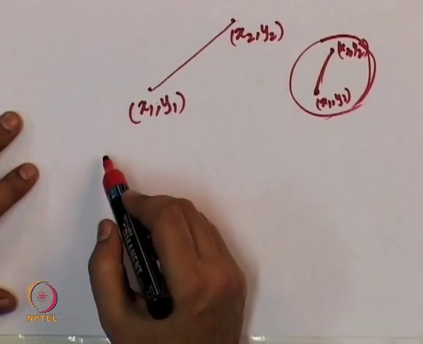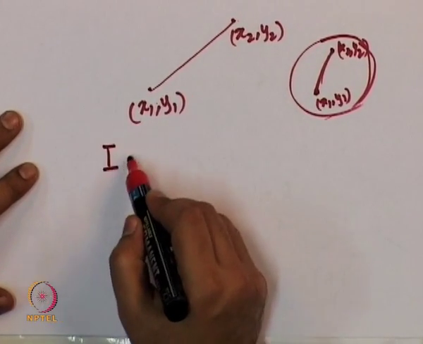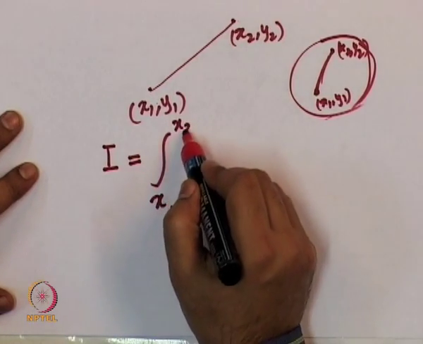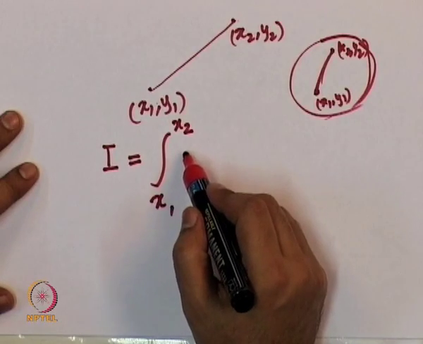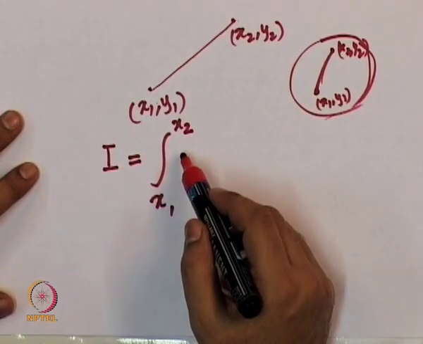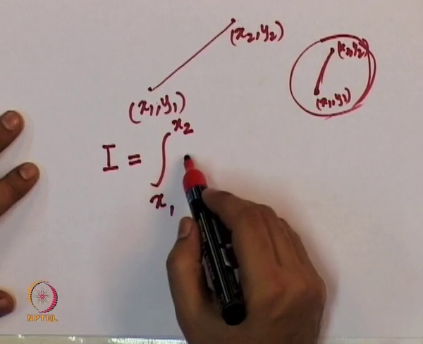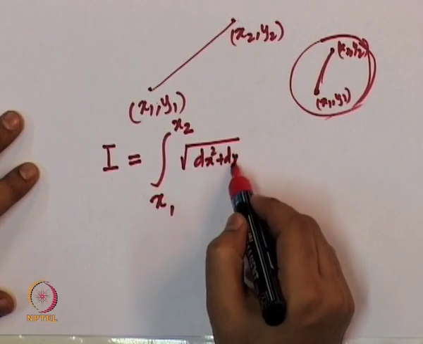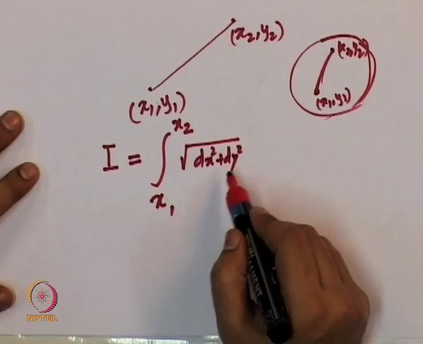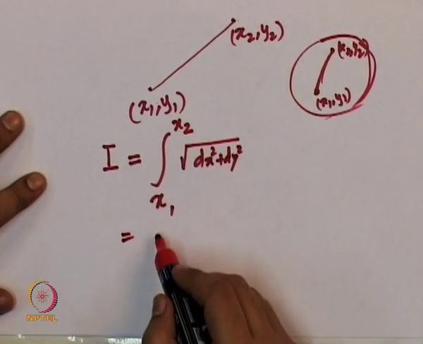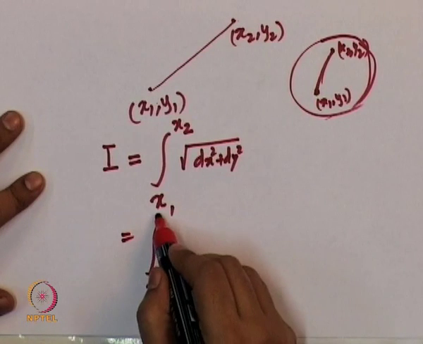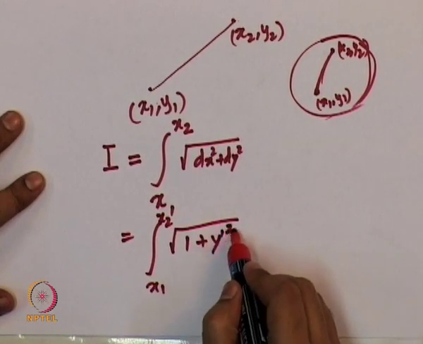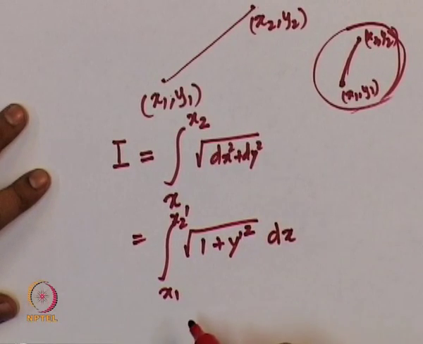So, this for example is written as a functional. I is equal to the integral from x1 to x2, because I want to write the distance, that is the shortest distance I want. So, it is nothing but the square root of dx squared plus dy squared, integrated from x1 to x2. So, that is nothing but the integral from x1 to x2 of the square root of 1 plus y prime squared dx, right.